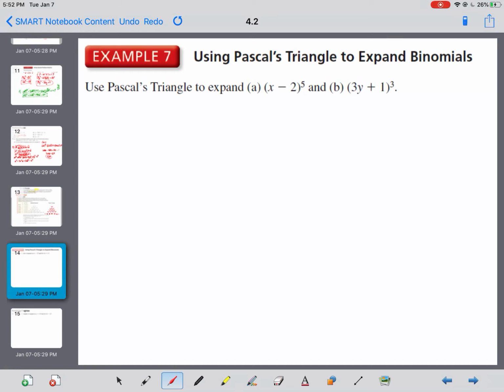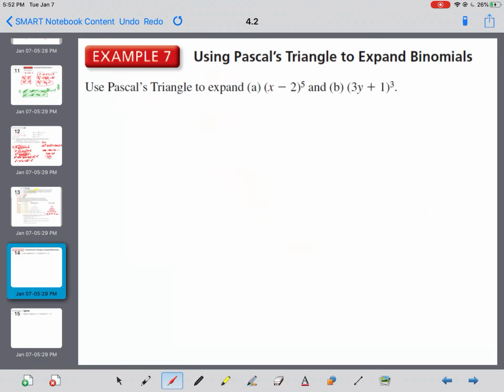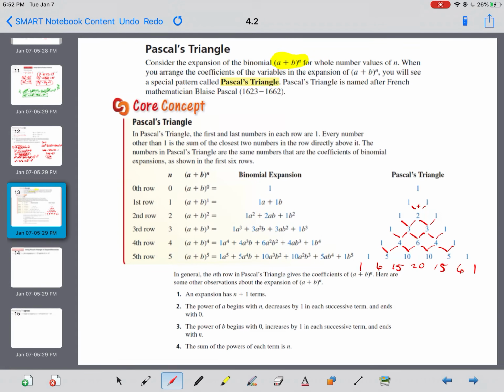So let's try Pascal's triangle to expand these. And you can actually do it with a negative, looks like it shows there. Okay, so if you're going to do it with a minus in there, take the sign with the number. So we're going to do it to the 5th. I'm going to cheat and just look back at Pascal's triangle. It's 1, 5, 10, 10, 5, 1.